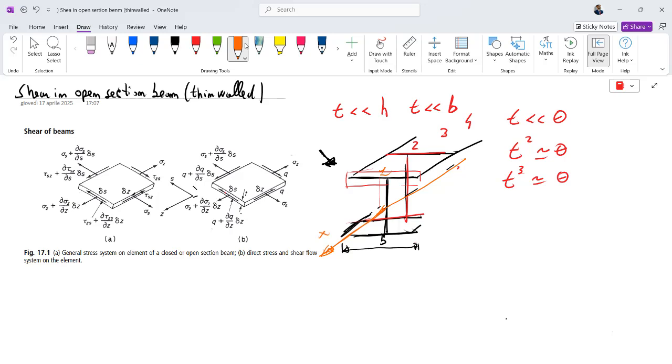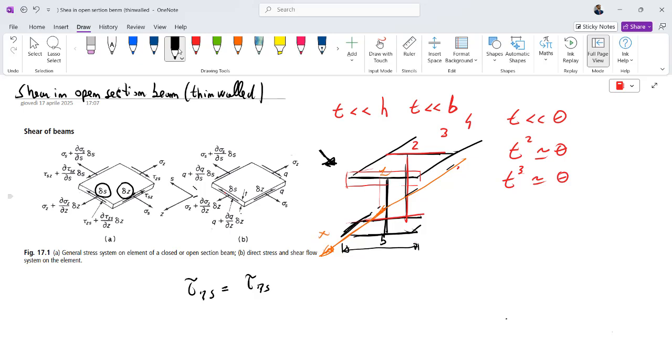In figure A we see the shear stresses, that is tau zs equal to tau sz, similar to the discussion of tau xy equal to tau yx, for example. We see also the dimensions of this piece of the beam: one length is delta s, and the other length is delta z. z and s are axes, and s is a particular axis.